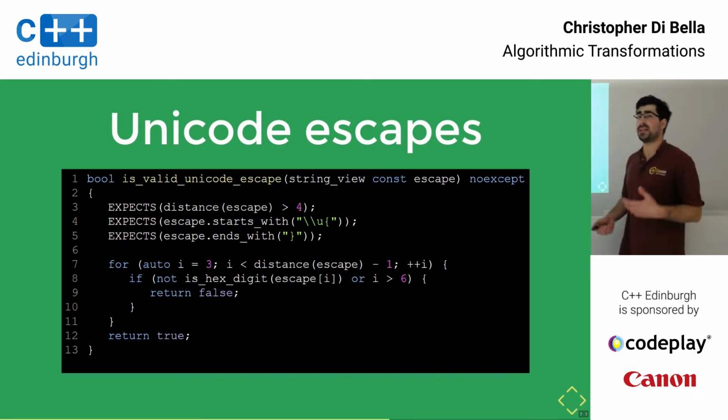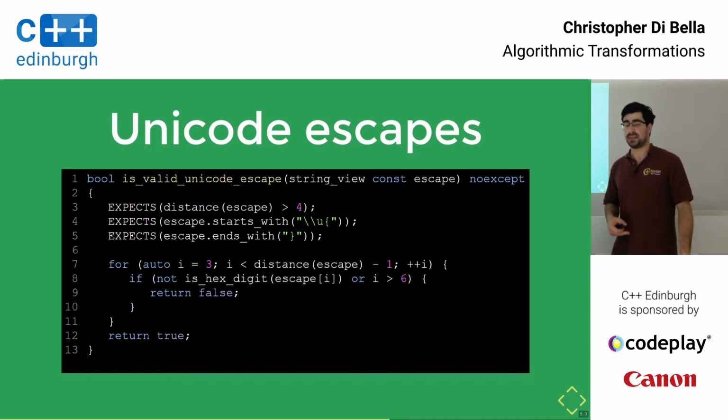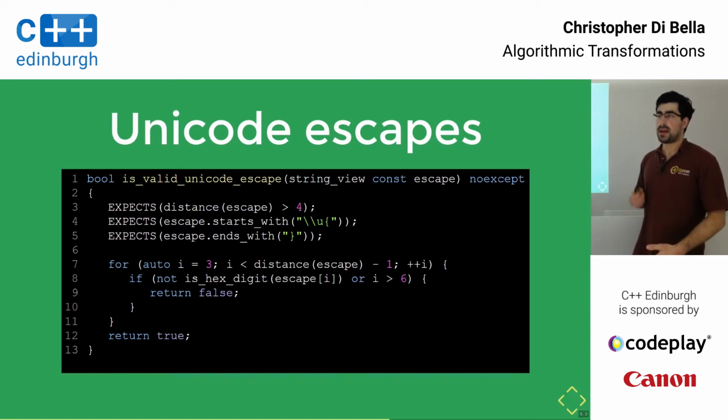And so what we're going to do is we're going to say this function only makes sense if we have more than 4 characters in a string, and the first 3 characters are \u and open curly brace, and the last character is a closed curly brace. And then we have essentially some computation that checks if the escape is correct. Now, can anyone tell me what this is aiming to achieve?